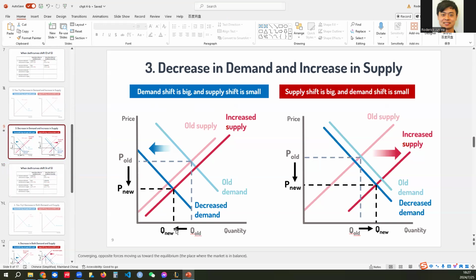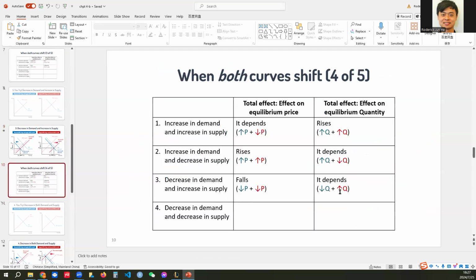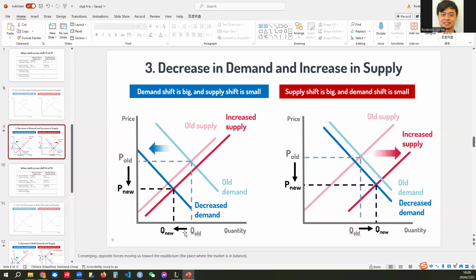So in that case, the quantity decrease coming from a bigger demand decrease dominates, and causes the final equilibrium quantity to be smaller.